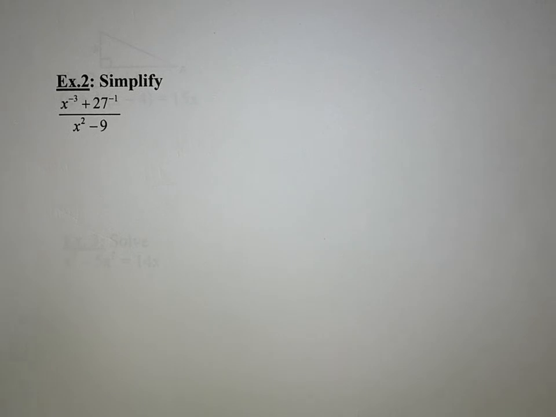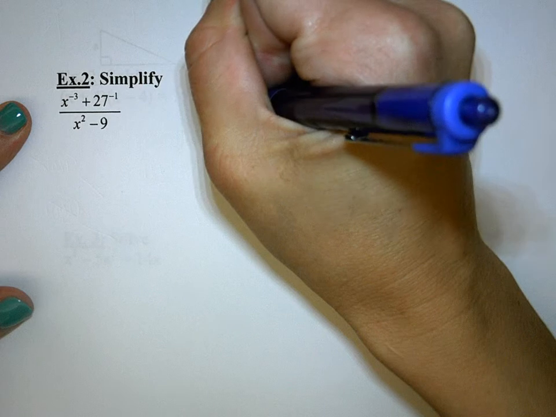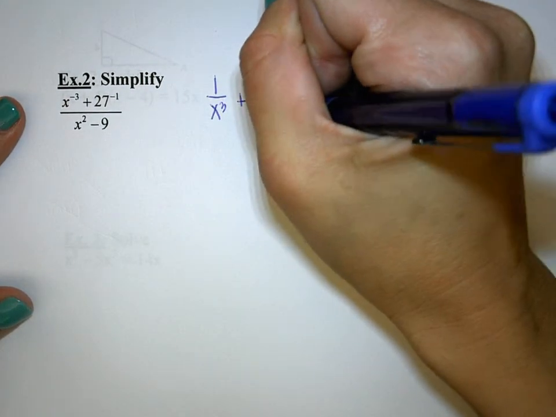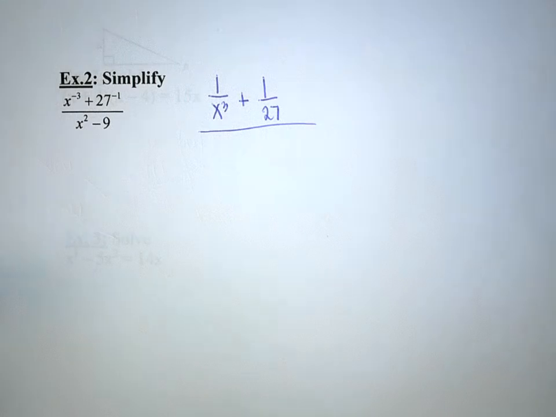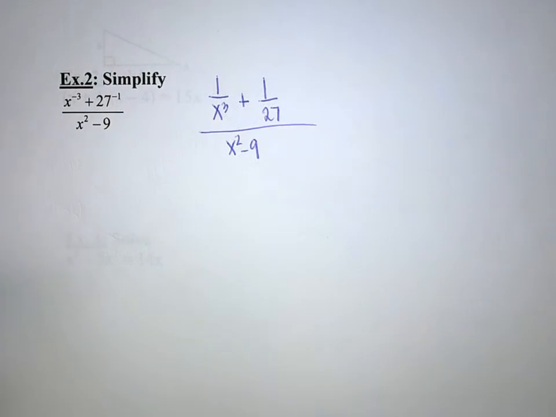Okay, so your first term should have been what? Good. Plus? Good. And then the bottom, do I have to move anything? No, so we just have x squared minus 9.